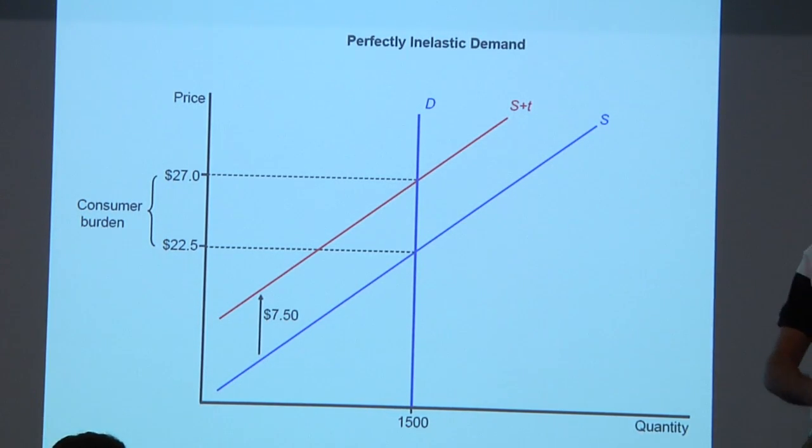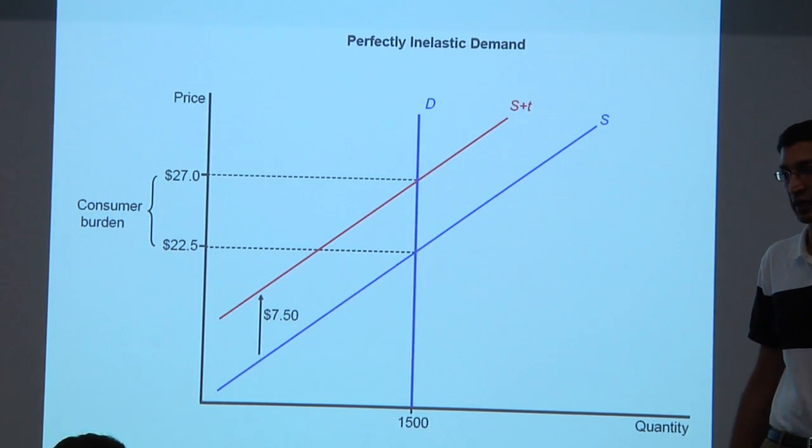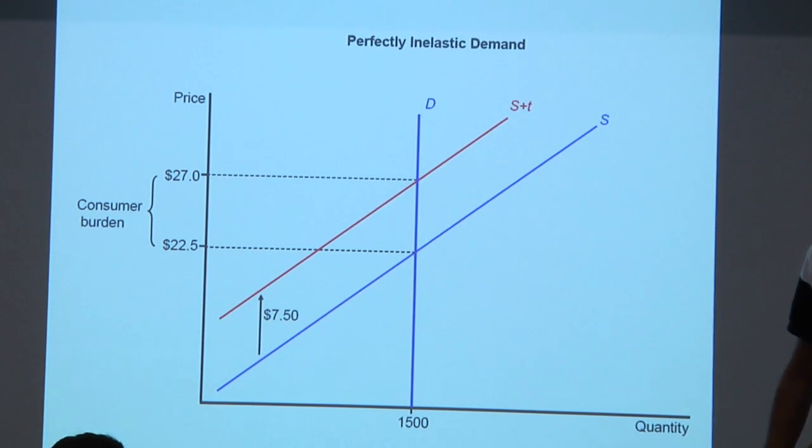Now, if the consumer is going to demand the same number of units of the good no matter what the price is, the supplier doesn't need to change his pre-tax price at all in order to continue to clear the market, right? So think about the case of a prescription drug, which I want to buy no matter what the price is. If the government levies a $10 tax, the market is still going to clear if total prices rise by $10. There's no reason for suppliers to cut price. So in the case of perfectly inelastic demand, the consumers are going to bear the tax entirely.